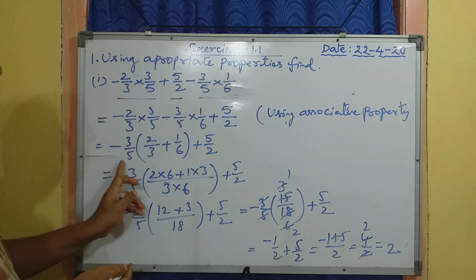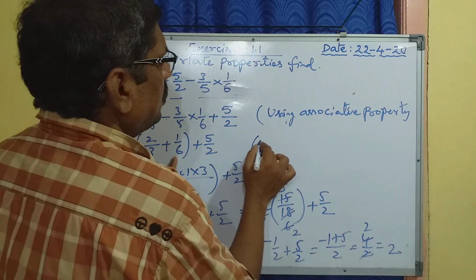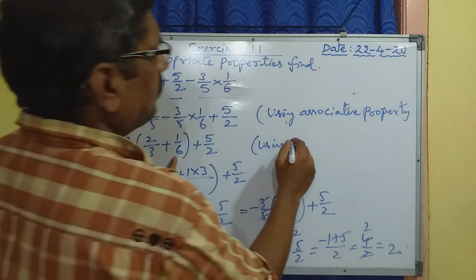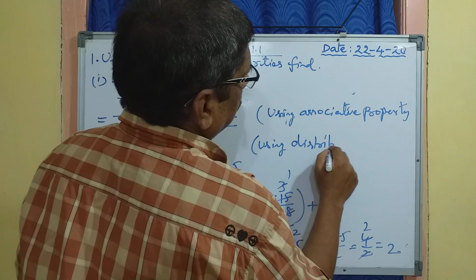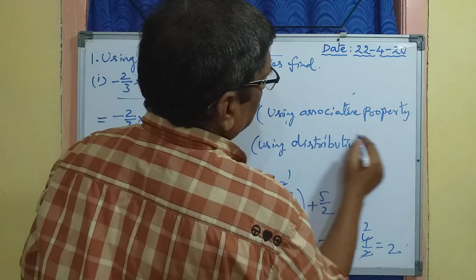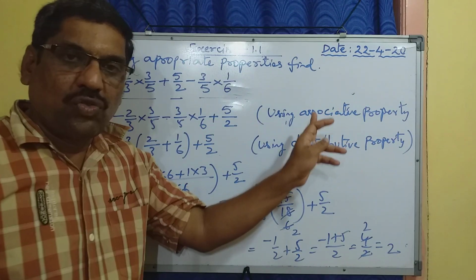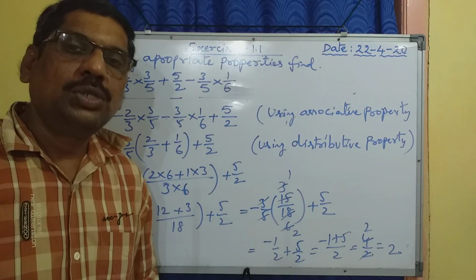Here we have taken 3 by 5 common from the first two terms. This step we got by using distributive property. So by using these two properties we can find this value and we got 2.